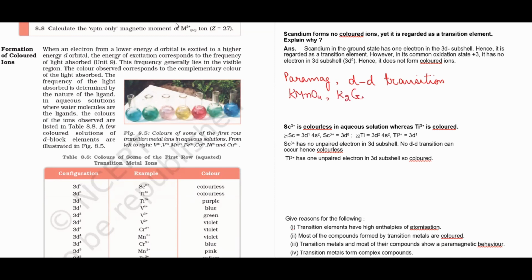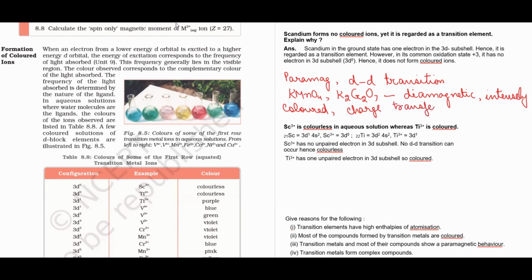These have diamagnetic species: manganese in +7, chromium in +6. These are diamagnetic ions but still intensely colored. So in this case, the color is due to charge transfer spectra.